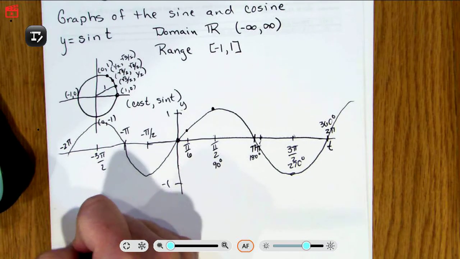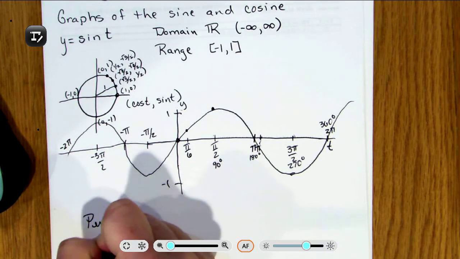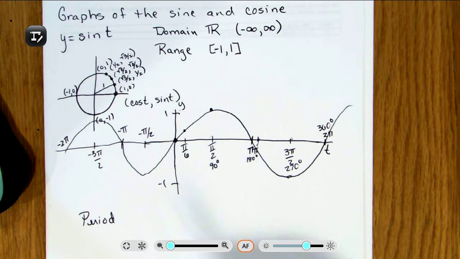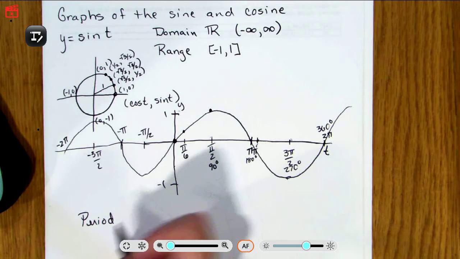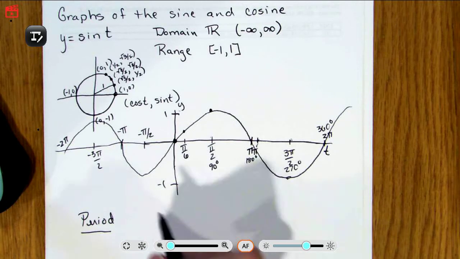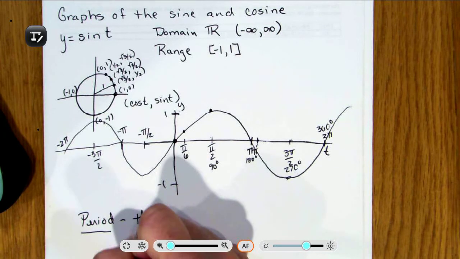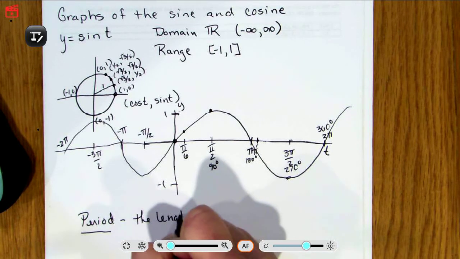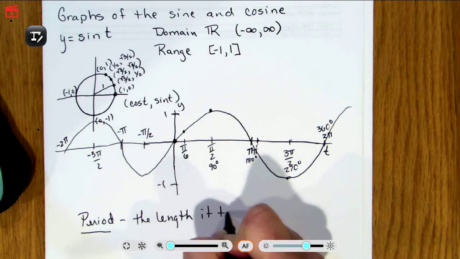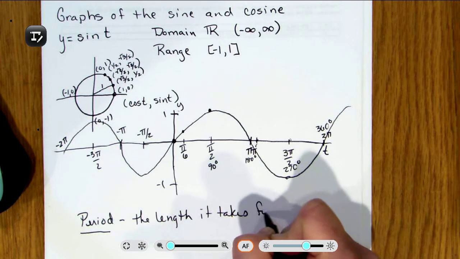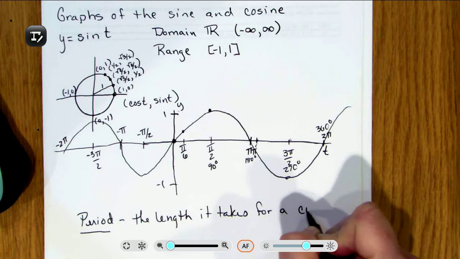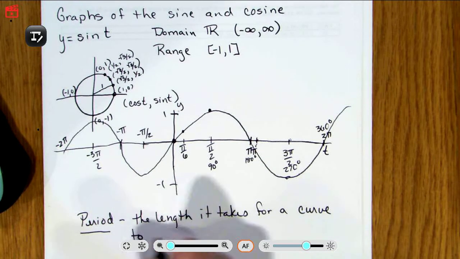Some terminology to talk about. When we have these curves that go through these cycles and repeat themselves, we talk about something called the period. The period is the length it takes for a curve to repeat.